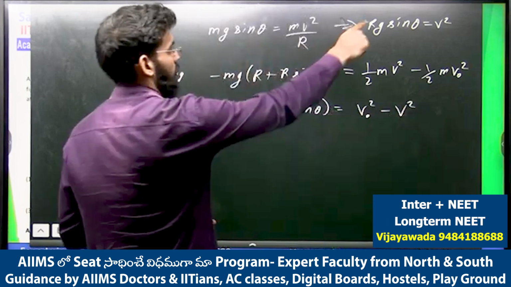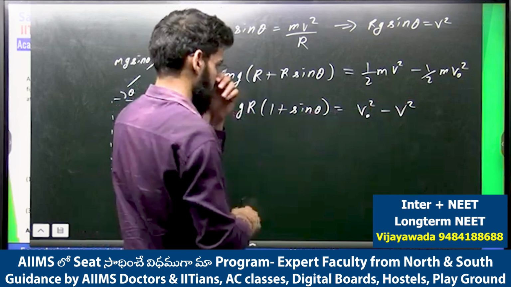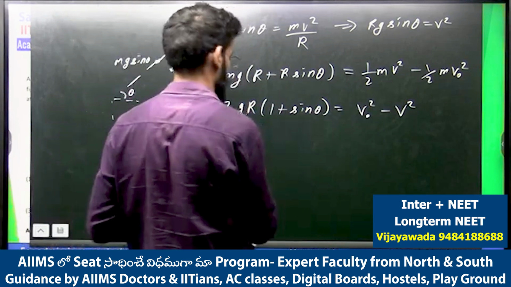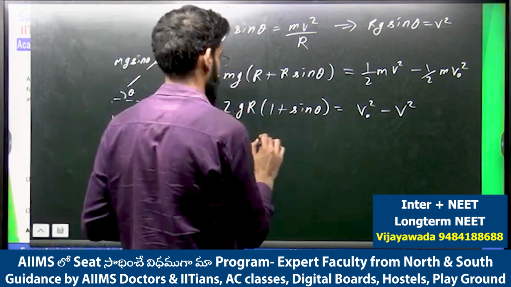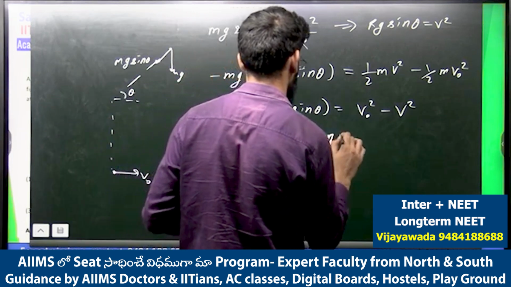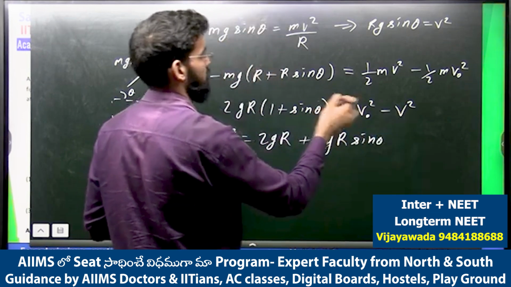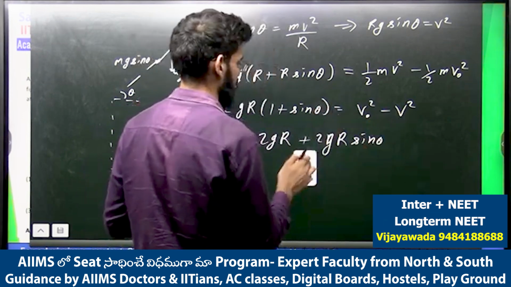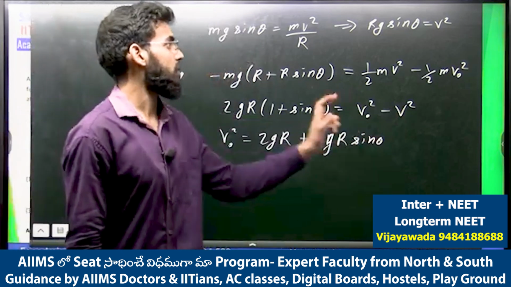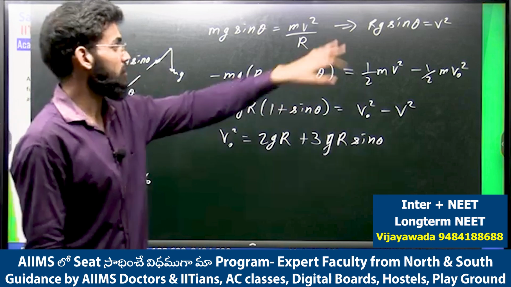Bring the 2 to this side. And v square is rg sin theta, you can put here. So if I put it here, what will you get? V0 square is equal to 2gR plus 2gR sin theta, and v square will also come, that is Rg sin theta, so this will become a factor of 3. Bring v square from here. So this is your V0 square, and v square is already there.